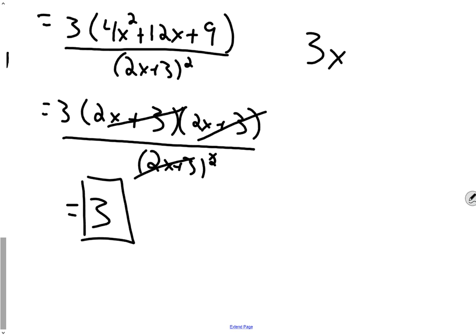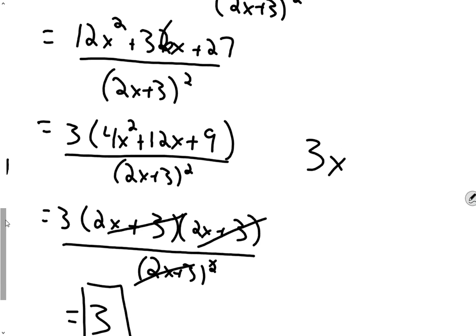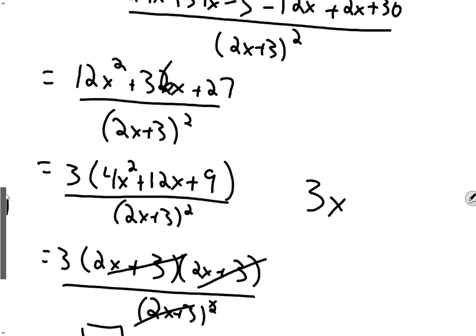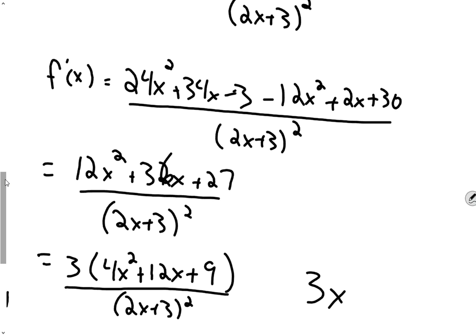You would have to know that you wanted this as your answer to get rid of this, and then expand that out to get this, and then multiply 3 together to get that. You would have to work backwards, I think. So I guess this is not just like magic.